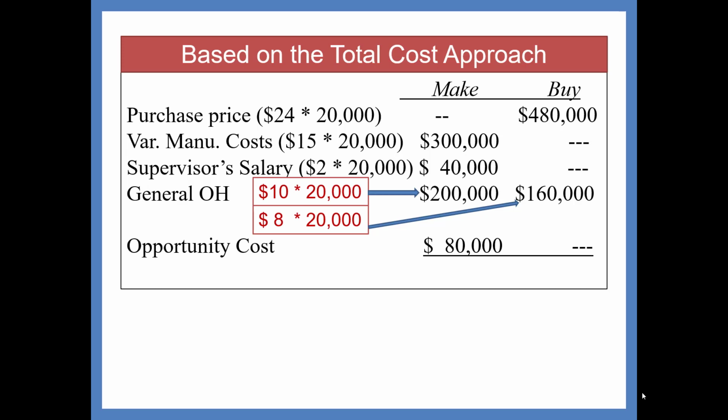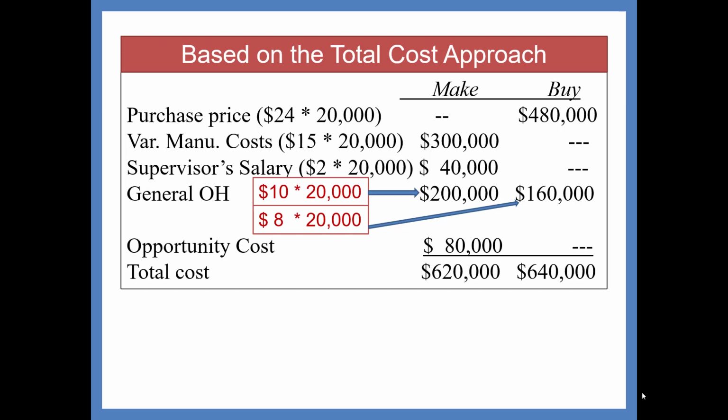Now you may want to make a note. You could add this opportunity cost of $80,000 to the make column, or you could reduce the buy column by $80,000. Effectively, you would be saying we will generate $80,000 of profit if we buy the part and reduce the cost of buying by that profit amount.